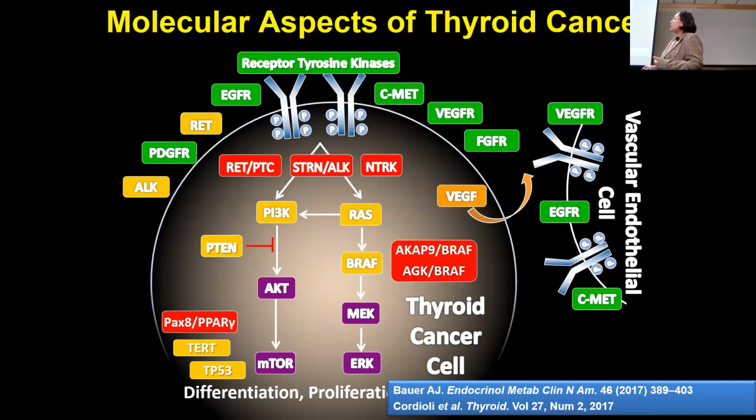Because when you know what is driving it, these tumors have a particular way of behaving, as in BRAF tumors are the ones that come more likely in the lymph nodes when they recur, whereas the RAS tumors may come in the lungs as well as lymph nodes. But if it is a follicular thyroid carcinoma with a RAS, it's more likely going to come in the lungs first or bone. So that's why it's important for us to understand what is the molecular makeup, what is driving this cancer.